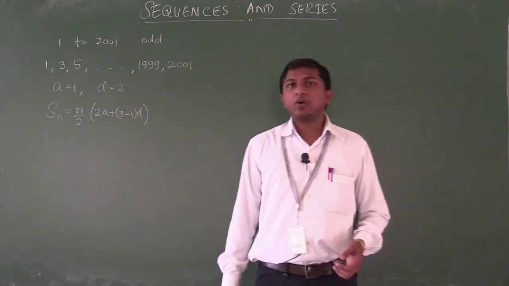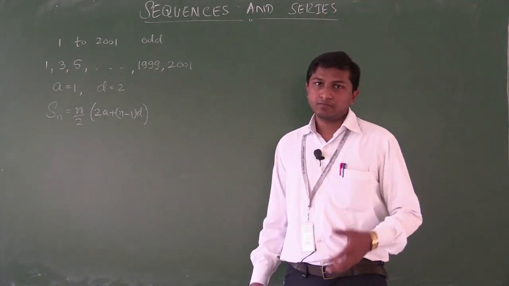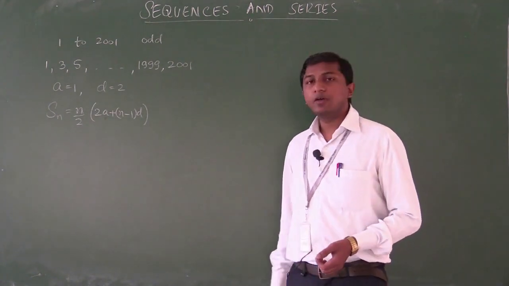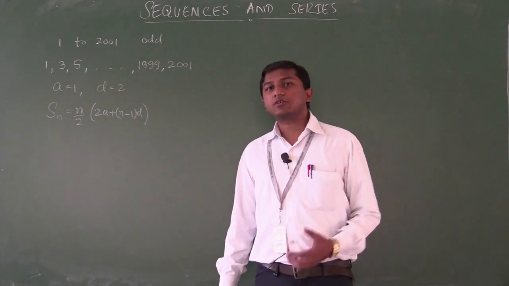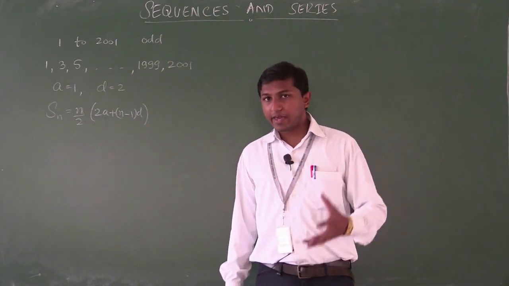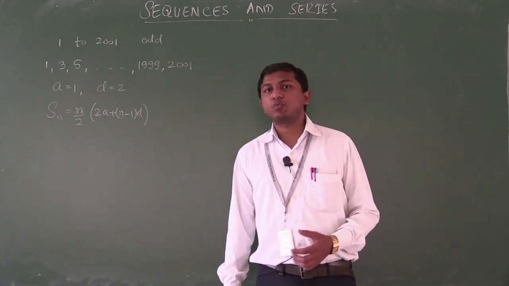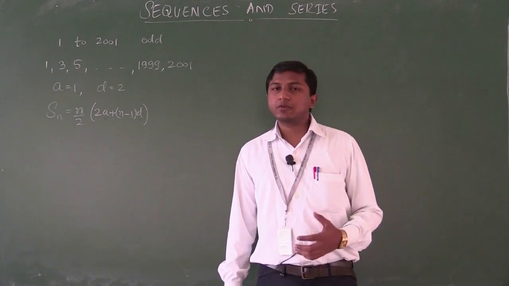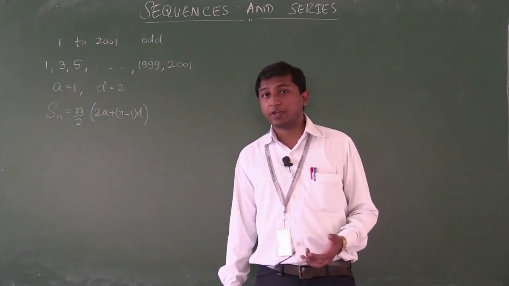Now, how do we find the position of 2001, in other words, the value of n? Well, it is very simple. We have to equate 2001 to the general term of an AP, an, the nth term. What is the nth term of an AP? In the previous class we discussed the general form of an AP.